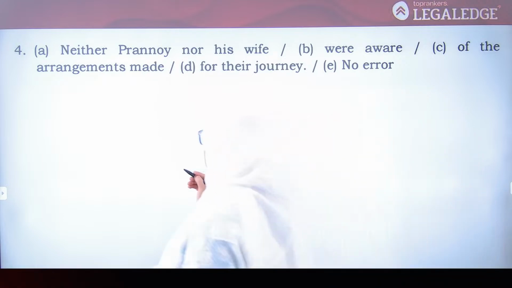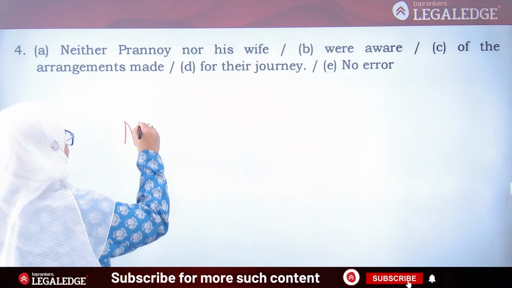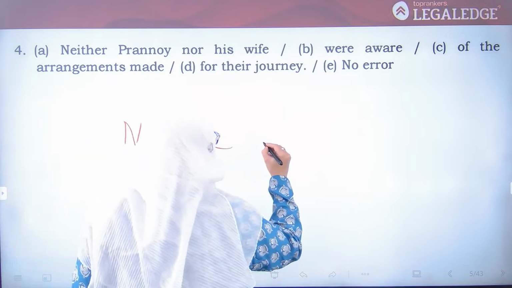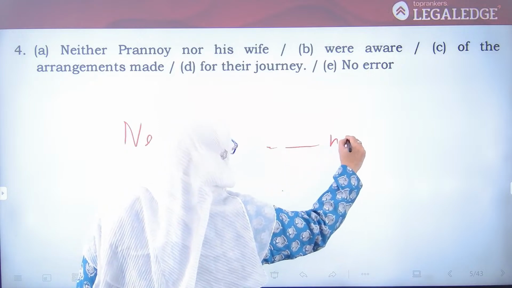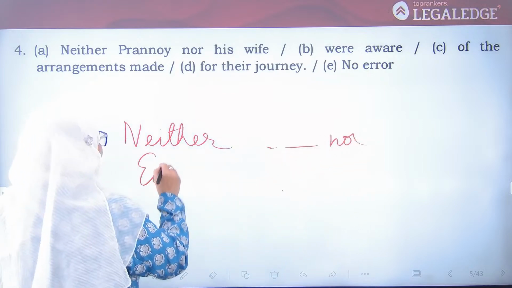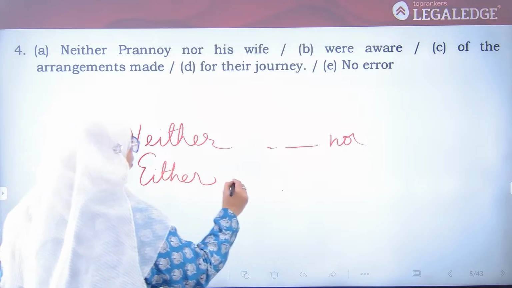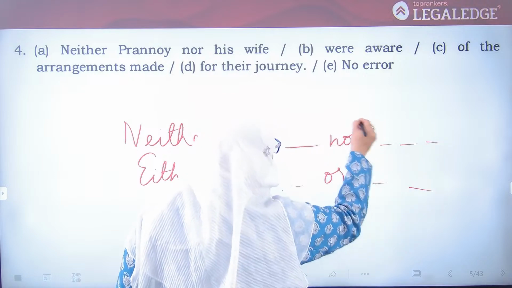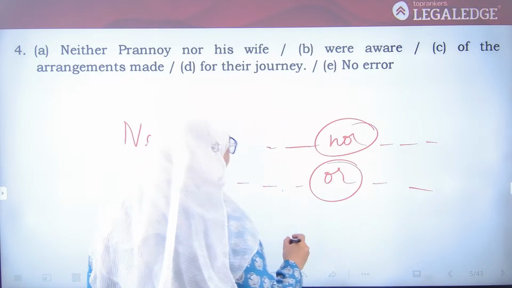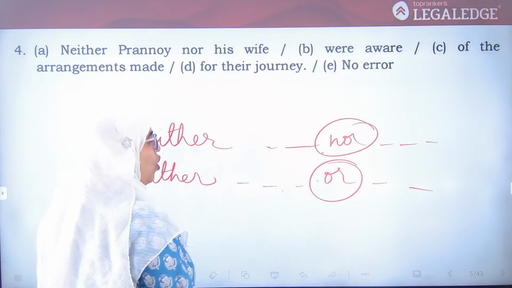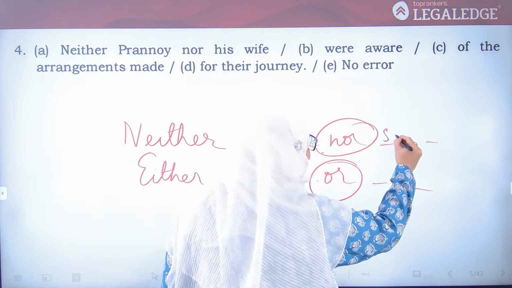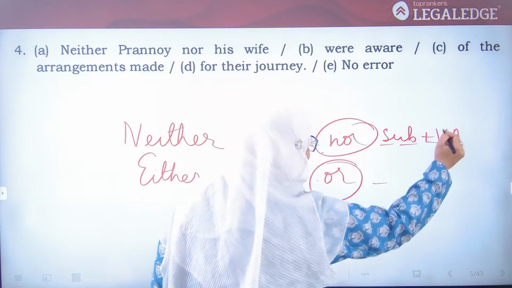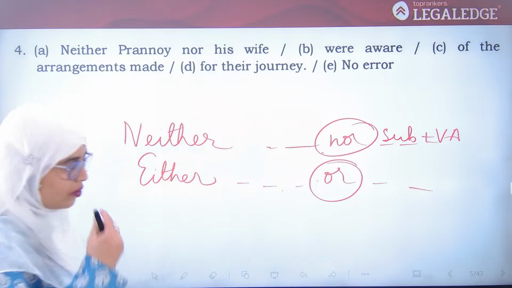Whenever we have a correlative conjunction like neither, which goes in combination with nor, or whenever we have either in combination with or, we always consider nor and or. So after nor and or, whenever we have any subject, the verb will agree with this. VA is verb agreement. Okay.